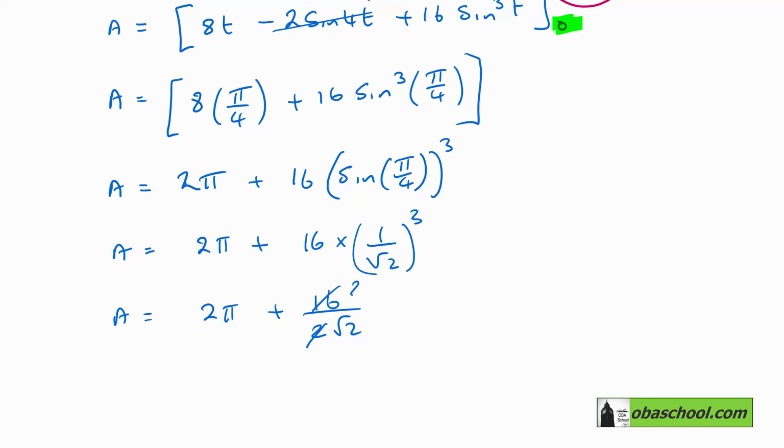So that's going to cancel down to 8. And then that would be 8 root 2 over root 2 times root 2. So it's going to be 4 root 2. So 2 pi plus 4 root 2 square units.